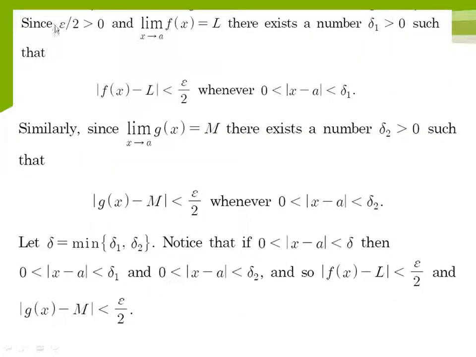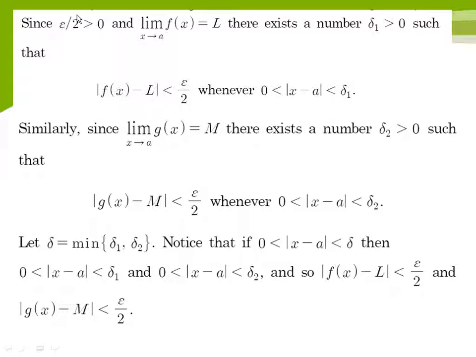So, for an arbitrarily small epsilon, or epsilon over 2, there exists a delta 1 such that if the absolute value of x minus a is between 0 and delta 1, then the absolute value of f of x minus L is less than epsilon over 2.